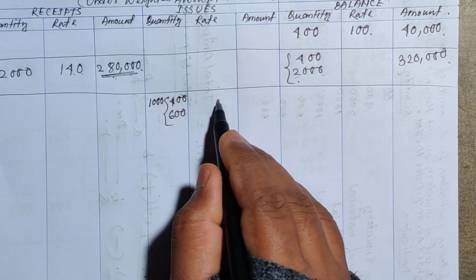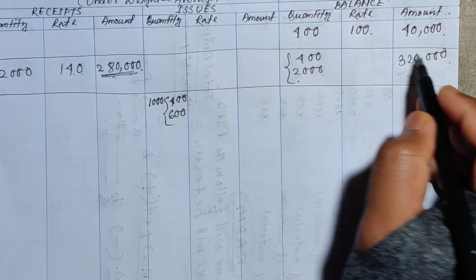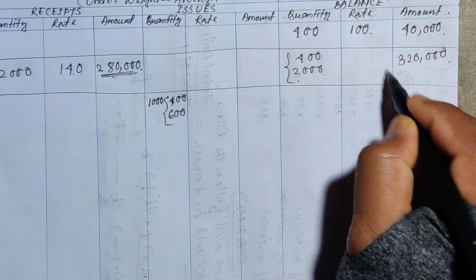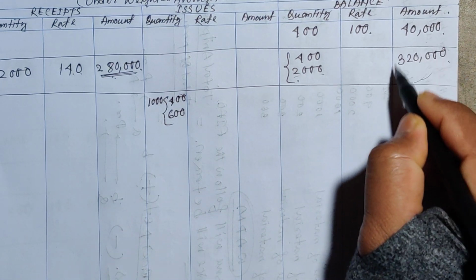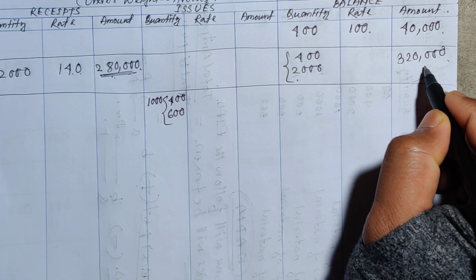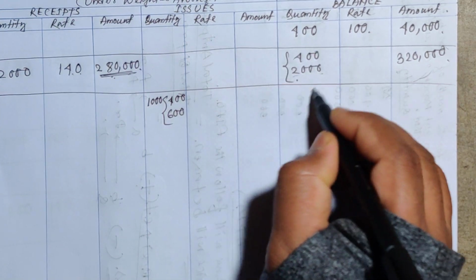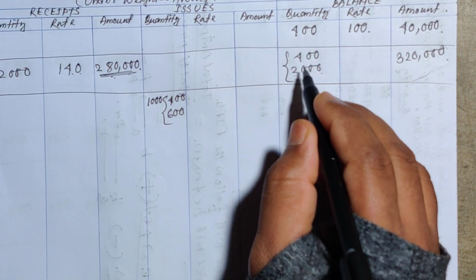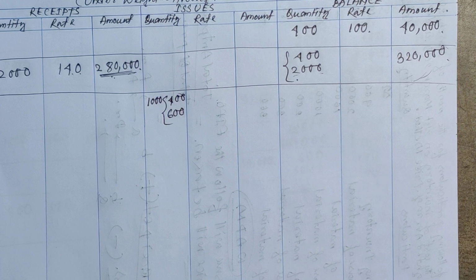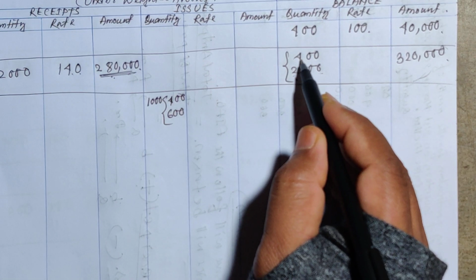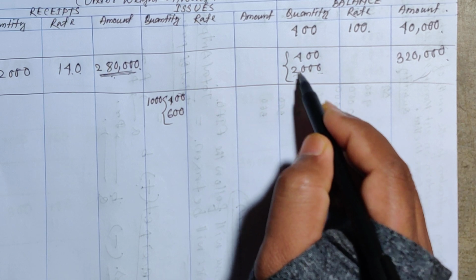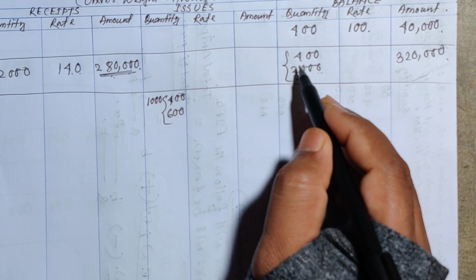This issuing price will be the present total amount in balance divided by the total quantity present in stock. That means 3,20,000 divided by 400 plus 2000, that is 2,400.